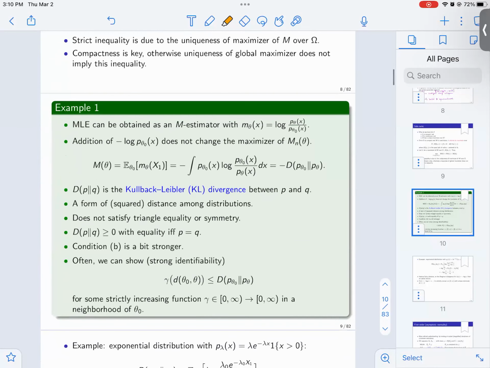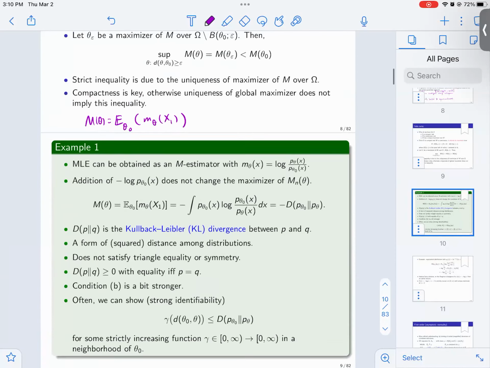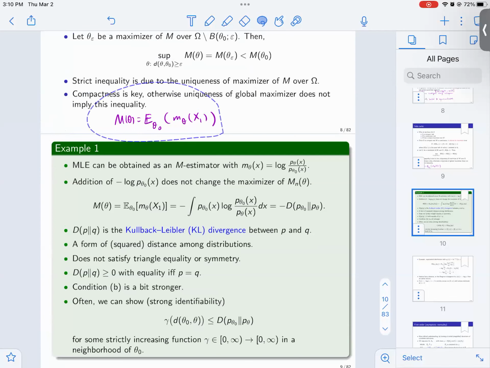So what I want to do is show you what that criterion looks like. Remember, that's our M function, that's the limit. So in the M-estimation procedure, Mn, which is 1 over n, summation i from 1 to n, of m theta of xi, converges in probability to this limit criterion.